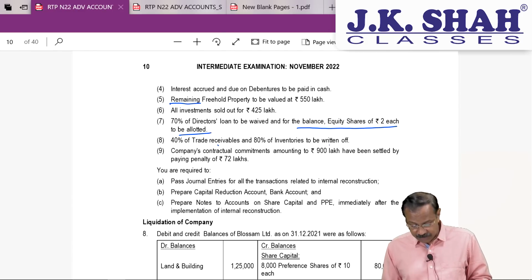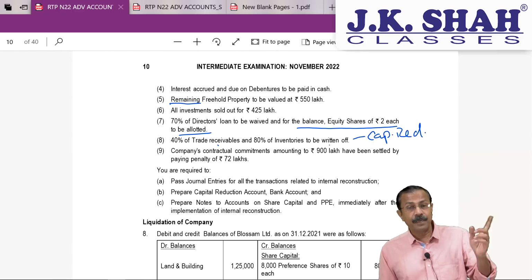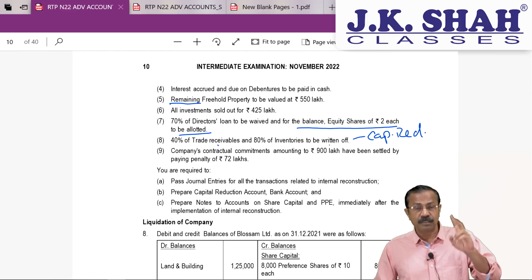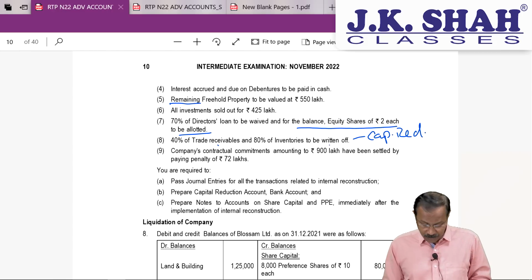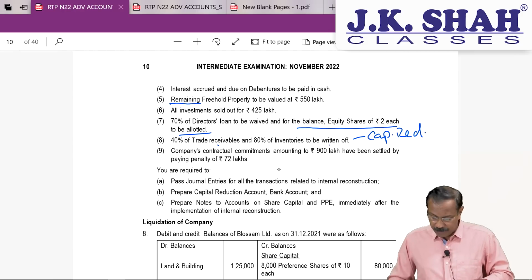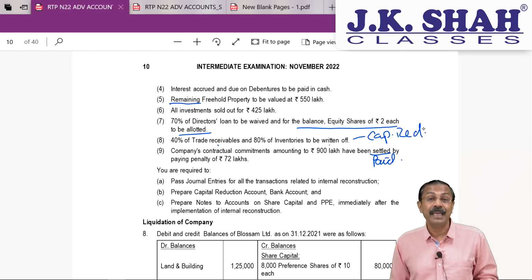40% of trade receivables and 80% of inventories are to be written off. From where are you going to write it off? From your capital reduction. So, capital reduction account debit to trade receivables, capital reduction account debit to inventories. Company's contractual commitments amounting to 900 lakhs have been settled by paying, settled means paid, a penalty of 72 lakhs.